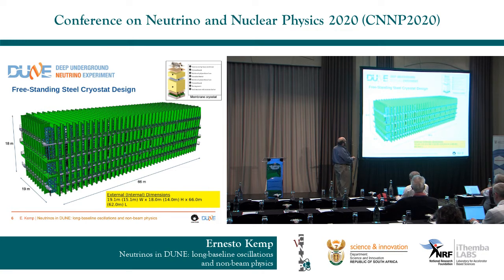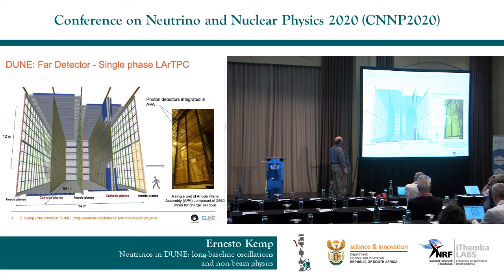So the main component is this one that is made from INVAR, a material that has a very small expansion coefficient, so it's very stable against changes in the temperature. And outside the cryostat, we have this steel structure to sustain and keep all the detector working.